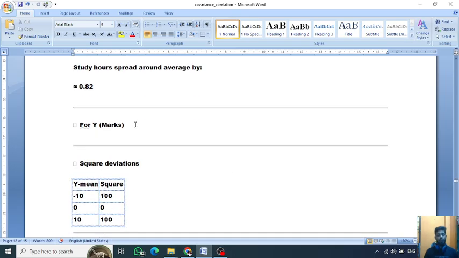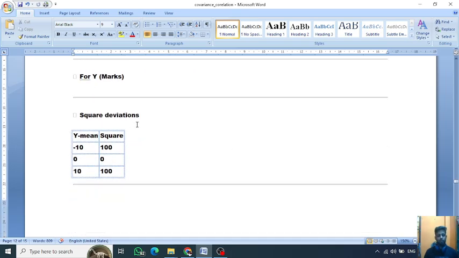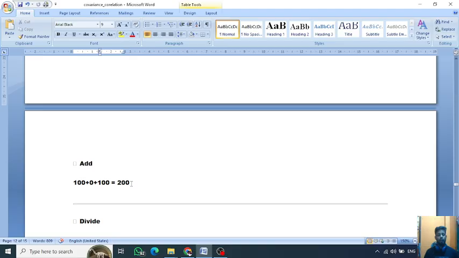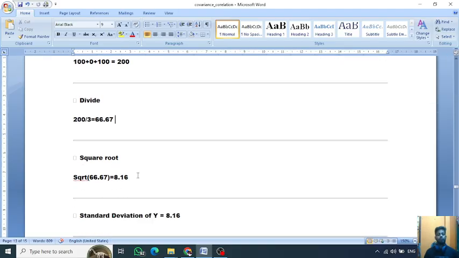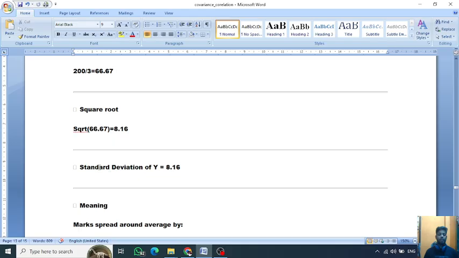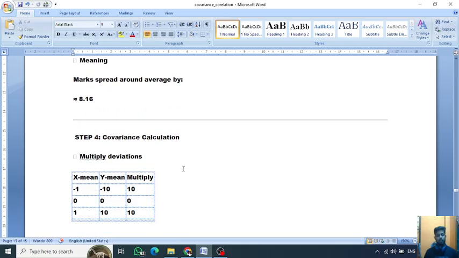Similarly, we have to find the standard deviation of y. In a similar way, square the values, take the average, and find the square root. The standard deviation of y is 8.16.